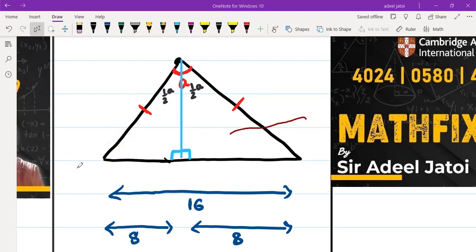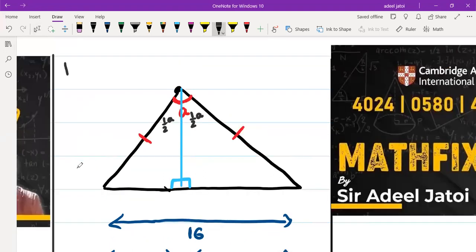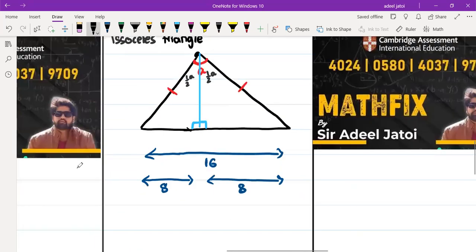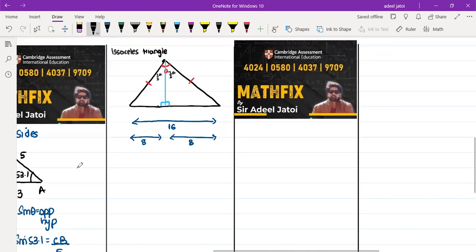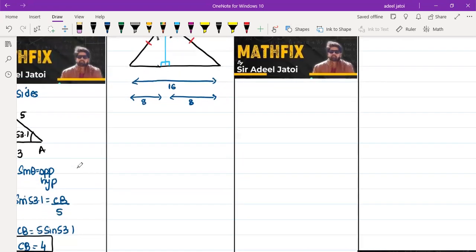So the isosceles triangle is also used for the trigonometric ratio part. Now this isosceles can also be created in this form.